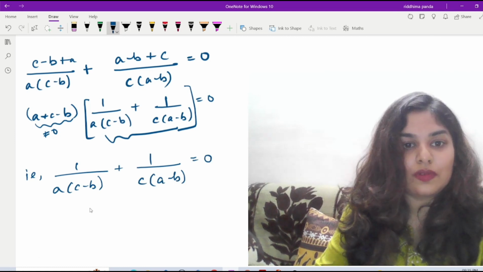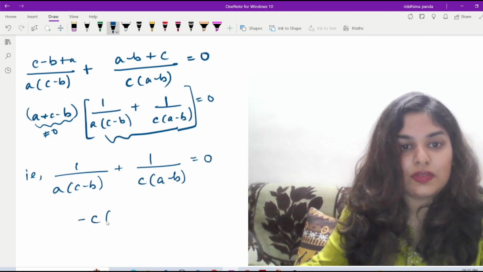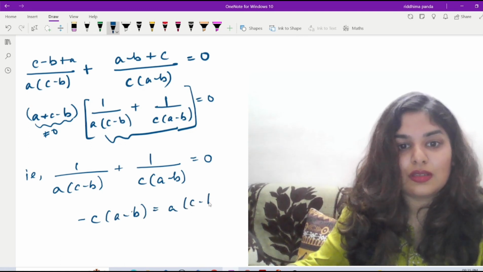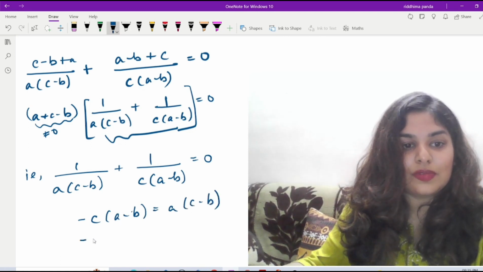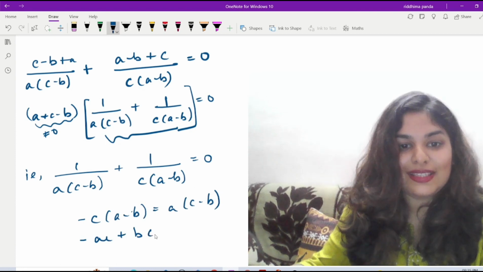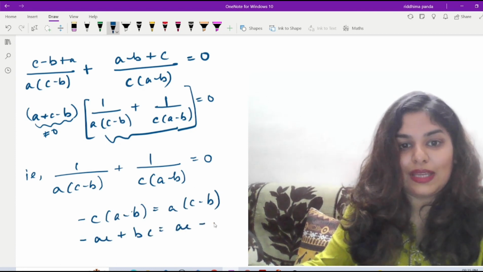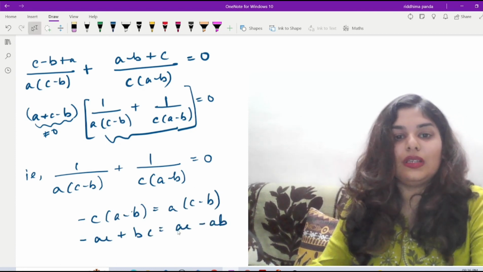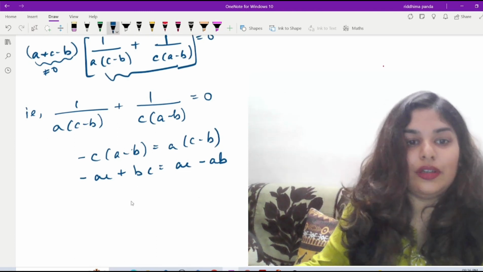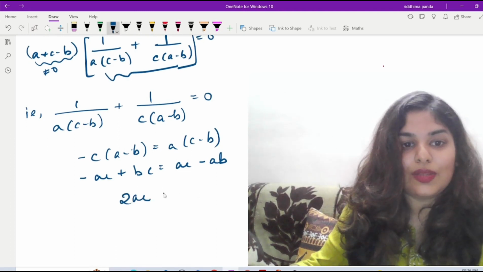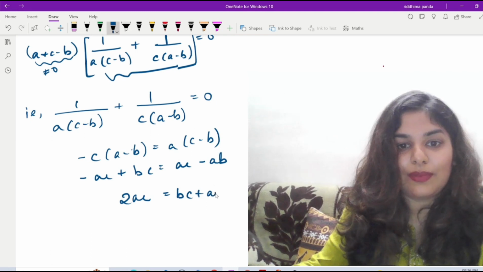Now let's solve. So what do we get? We get minus of C into A minus B is equal to A into C minus B. So this is minus AC plus BC is equal to AC minus AB. Right? So here we get 2AC is equal to BC plus AB.